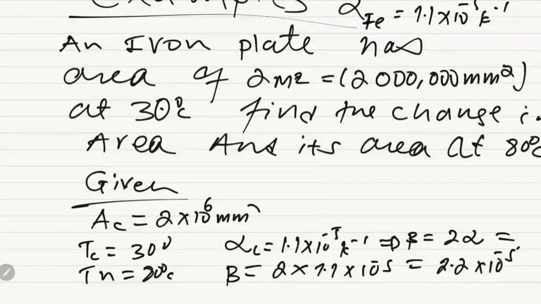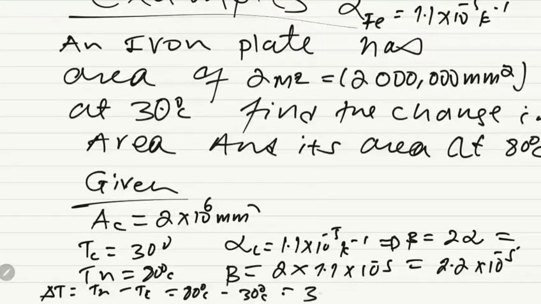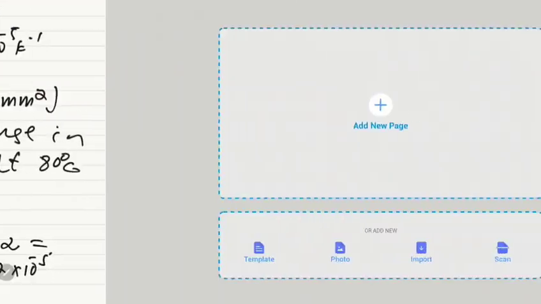And the change in temperature is temperature hotter minus temperature colder. So that is 80 degrees Celsius minus 30 degrees Celsius, which gives us 50 degrees Celsius. We have everything. Now let's have the equation.